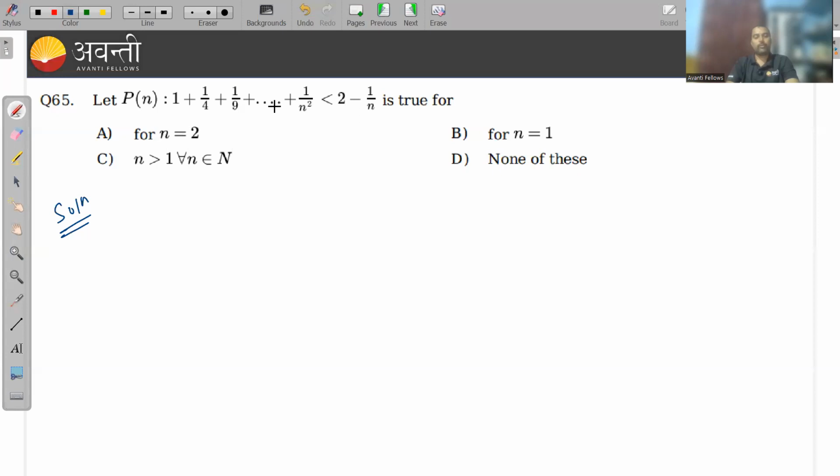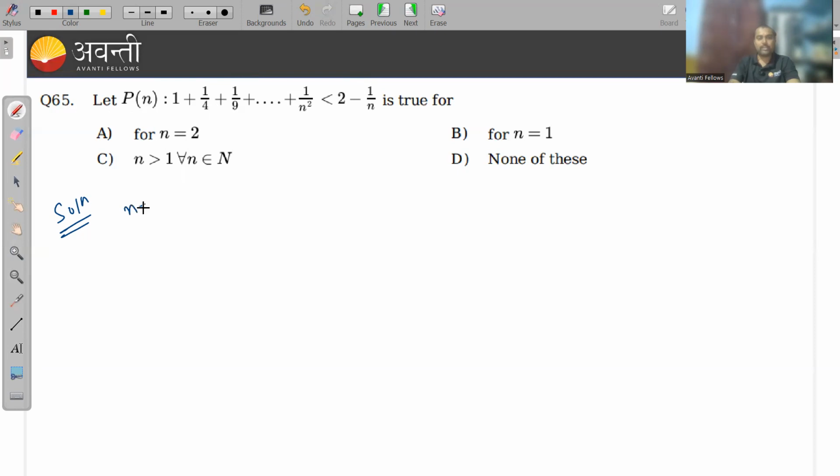In the left hand side, it is given 1 plus 1 by 4 plus 1 by 9 and so on up to 1 by n square. The total statement is p of n. If we use the method of induction, we'll first verify whether it is true for 1 or not.